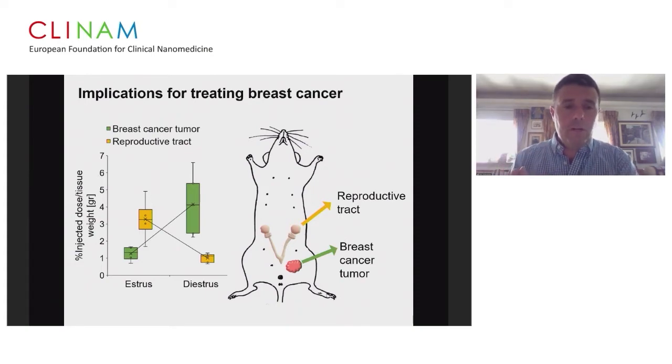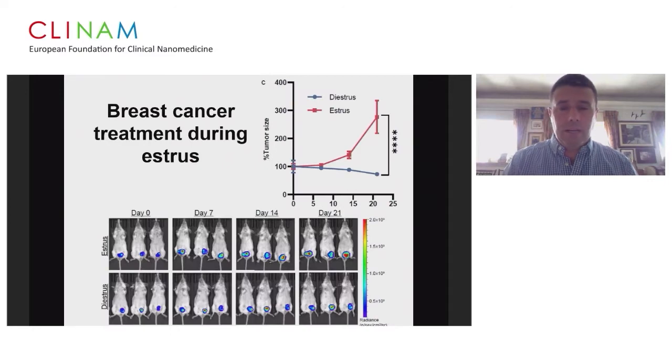Instead of going to the tumor, it was going to the reproductive system, to the ovaries and the uterus. However, when we treated at the baseline of ovulation, we had higher accumulation in the tumor and better preclinical results in the treatment. We saw it very distinctly also in the biodistribution and in the accumulation. And this was published recently in ACS Nano.